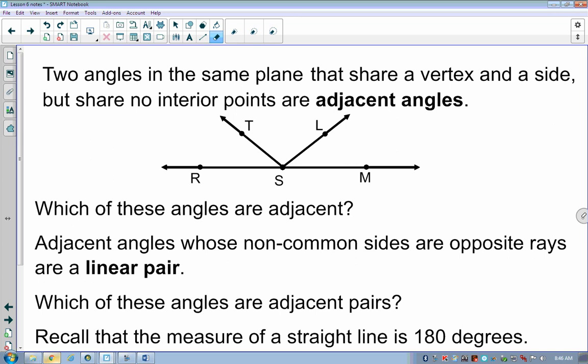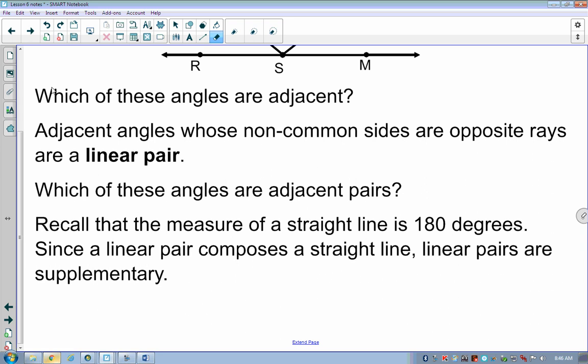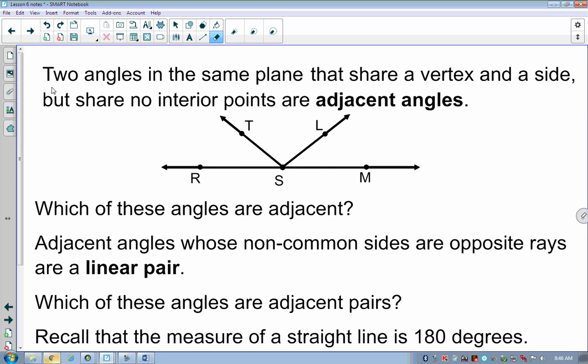All right, let's look at something else. Adjacent angles whose non-common sides are opposite rays form a linear pair. So a linear pair would be LSM and LSR, meaning that they have opposite rays.